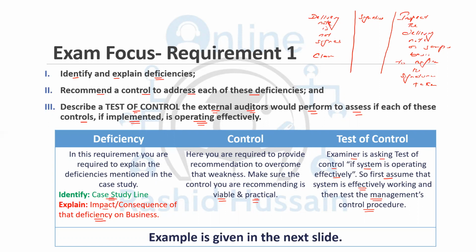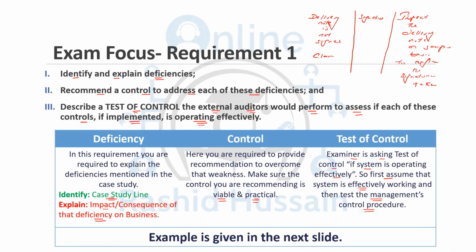Now, if you look at the second column, it includes the recommendation where you have given the solution how to fix the weakness. Now, this solution, this recommendation is actually an ideal control activity. The thing you are telling them is something that should be in place.